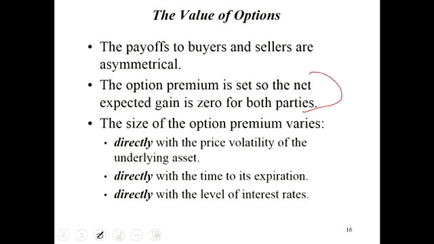Volatility is zero, so this is pretty much like the difference between the zero thing. So the price is... All right, okay. Well, think about that. The option premium is set so the net expected gain is 0 for both parties. So what you have to do is you set your price to the mean.